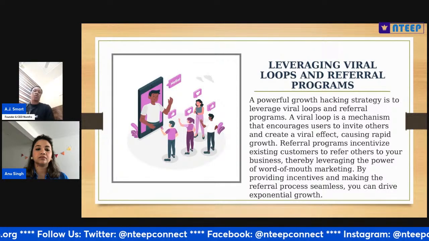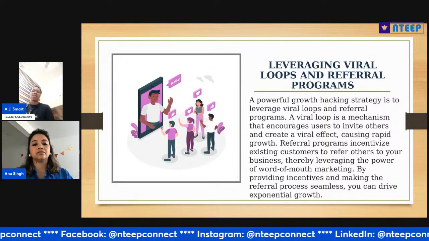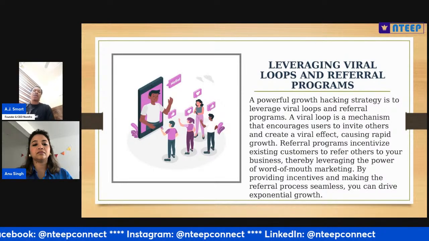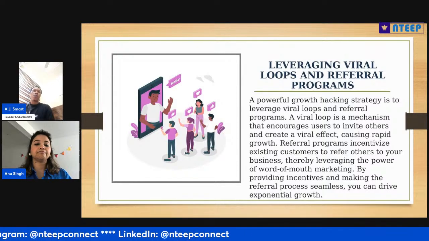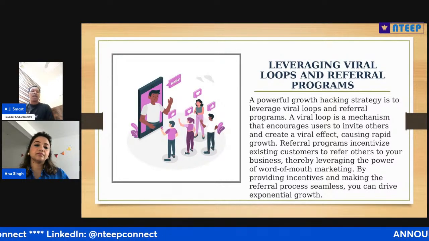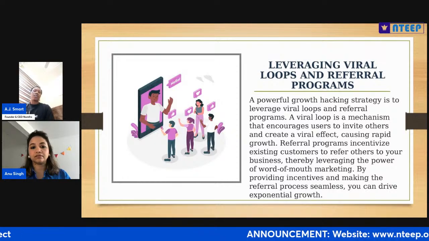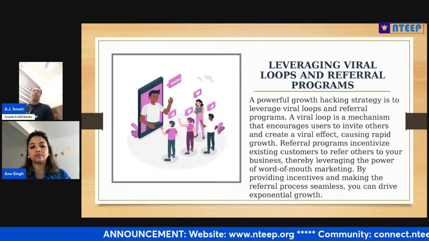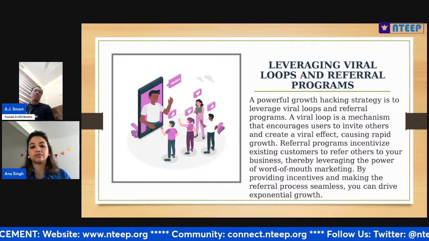So now, in the case of leveraging viral loops and referral, I recommend that you take advantage of technological tools or platforms that offer referral programs. One of the key benefits of this is you don't have to pay in advance. If you have a website or an app, you can have these integrated within your website. If you don't, you can just use some free platform to create a link for everybody to use.